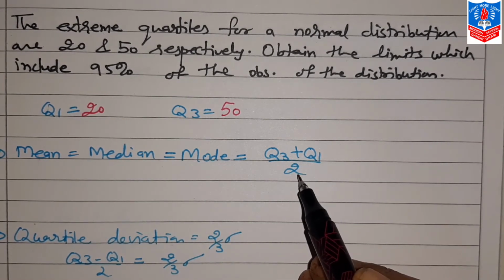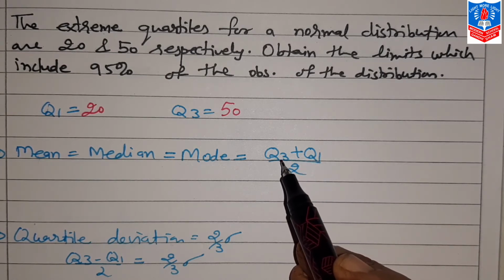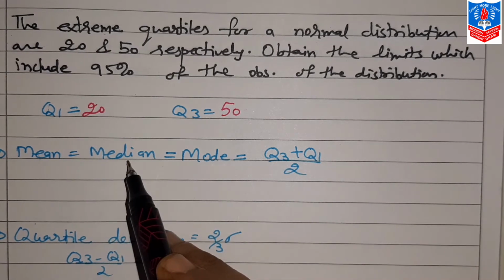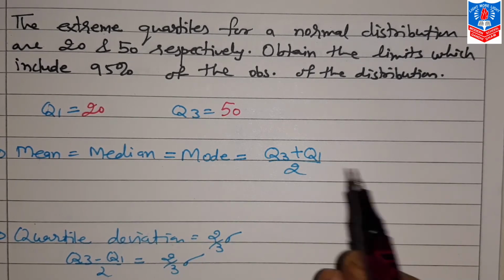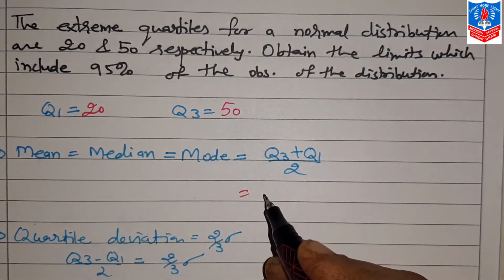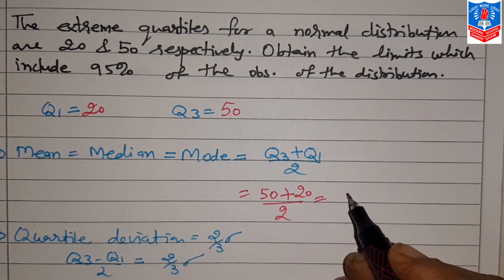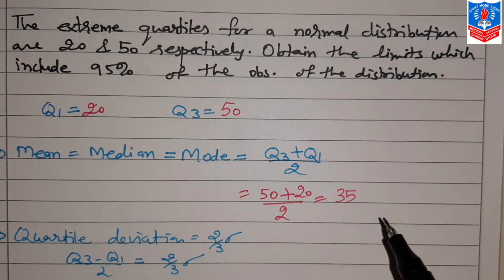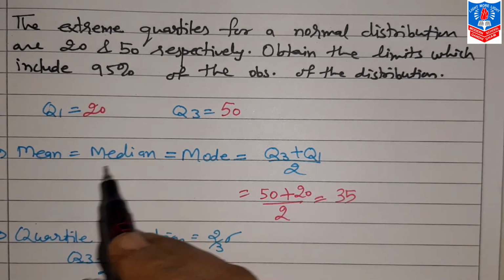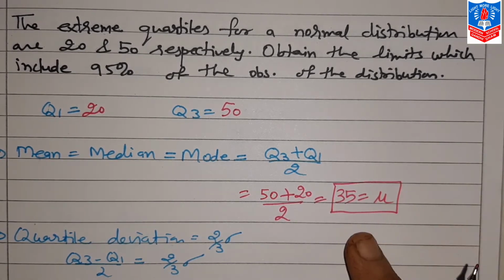(Q3 plus Q1) by 2. Even by using these extreme quartiles, Q1 and Q3, we can find the median very easily, and the formula for it is (Q3 plus Q1) by 2. So if we use these both values, we very easily get median (50 plus 20) divided by 2, that will be 35. Now this 35 is the median as well as the mean, which means we can say this is the value of mu, that is 35.